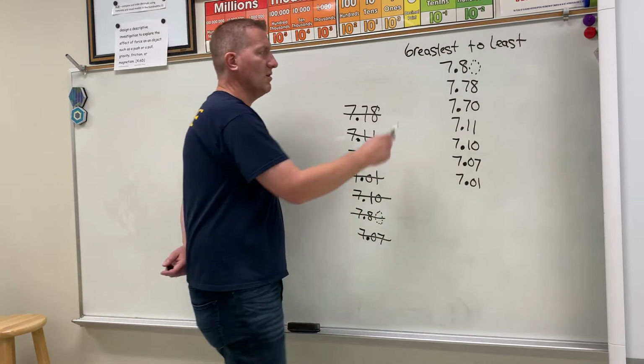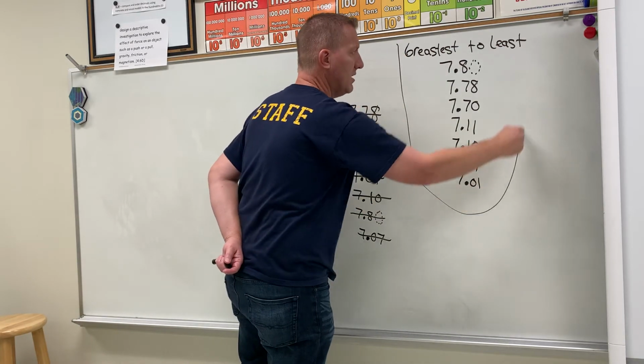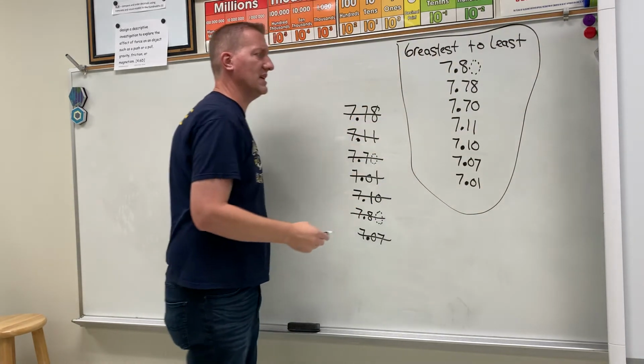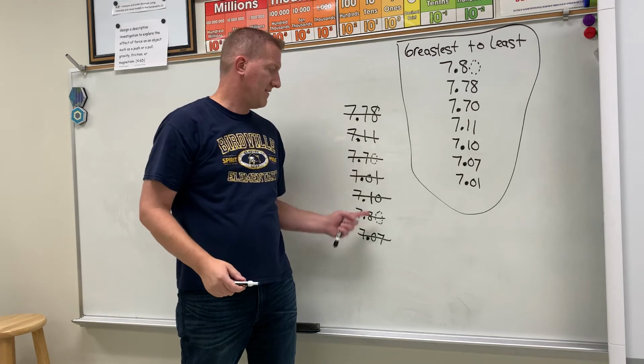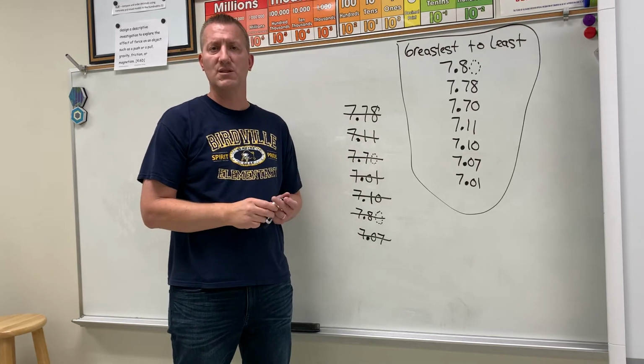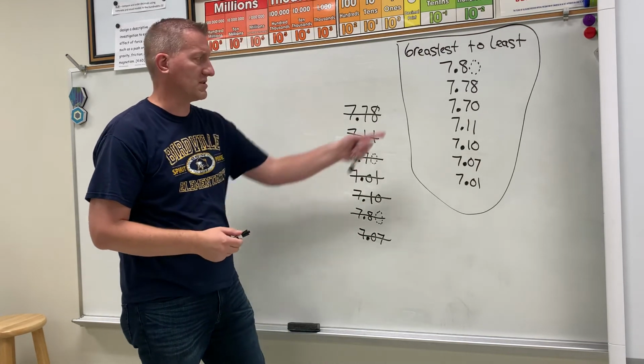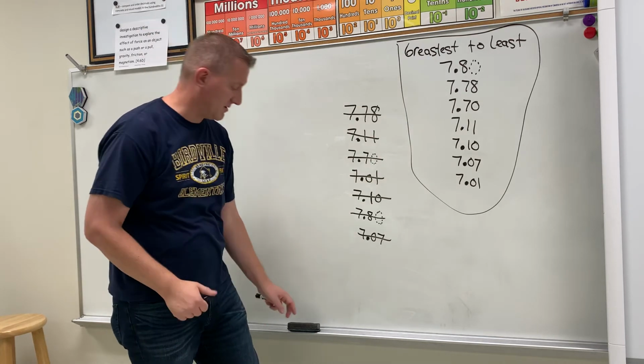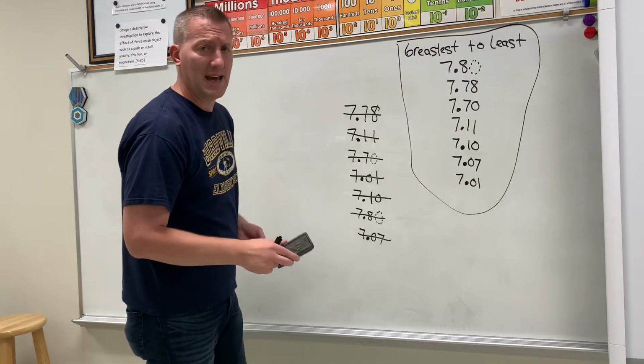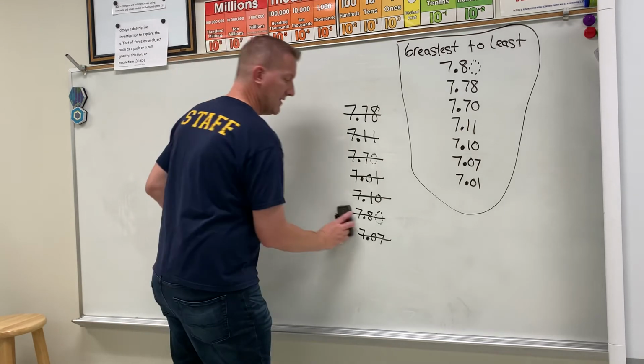Okay. So that's how you put numbers in order that have decimals. Okay, so comparing and ordering of decimals. So that's how you order those decimals. Now let's look at how you would add the decimals.